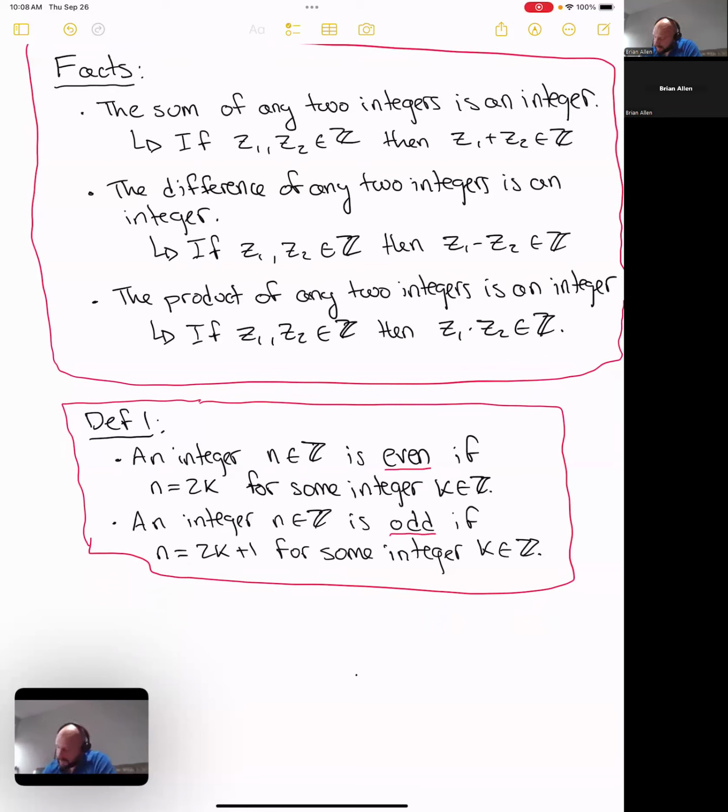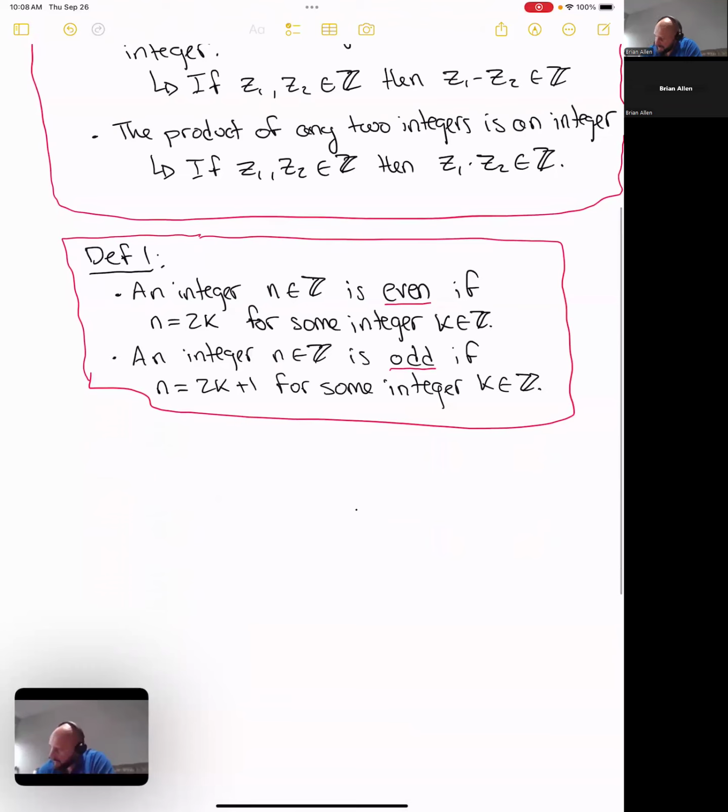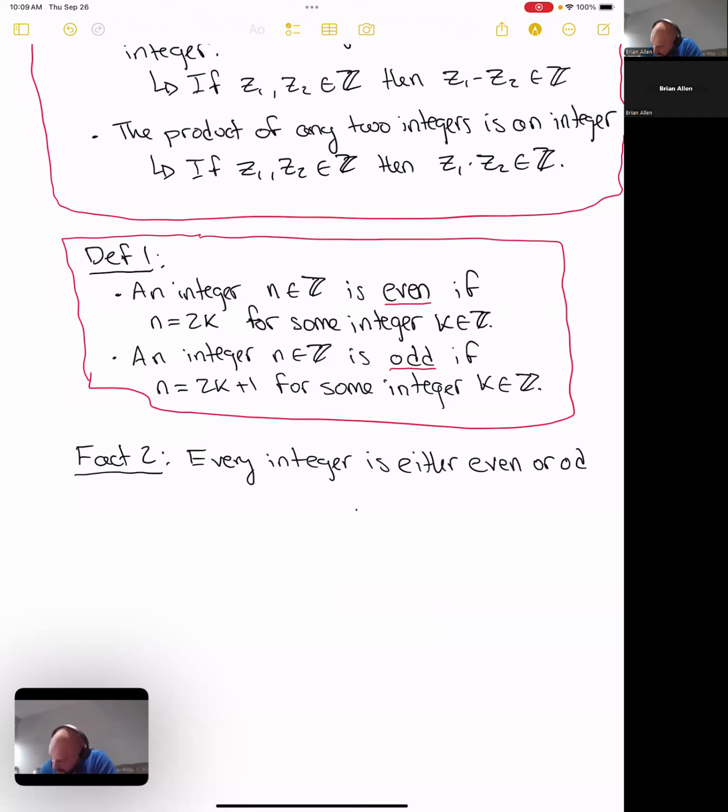Okay. And then another fact, which I suspect will not be all that surprising to you, but I just want to make it very clear, so we'll call this fact 2, which is every integer is either even or odd.